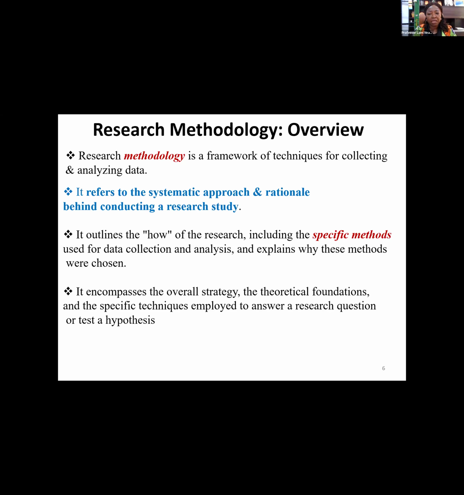There were no experiments, nothing. So this is a new terrain for many of us, and that's why we want to look at the gamut of possibilities available for you to choose from. So the overall strategy, theoretical foundations, and specific techniques make up methodology.